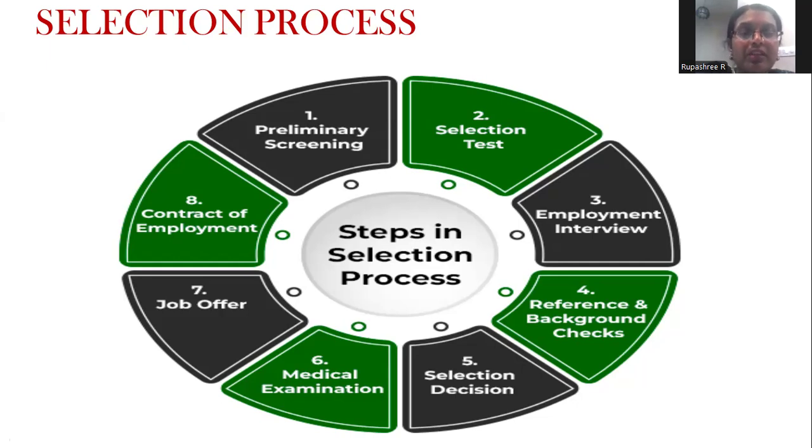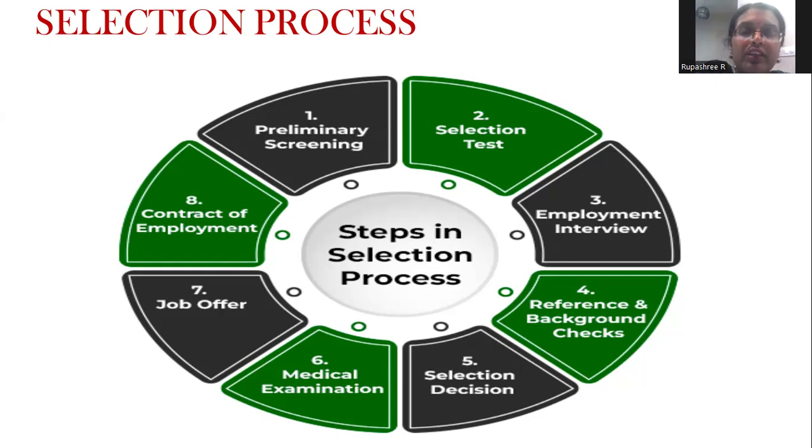Once preliminary screening is done, let's say out of 50 applications I screen out 30 and I'm left with 20 applications. These 20 applications go to the second process called the selection test. Many organizations do it online, and some do it offline.